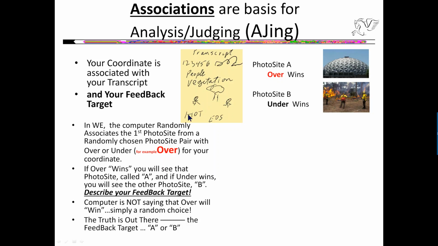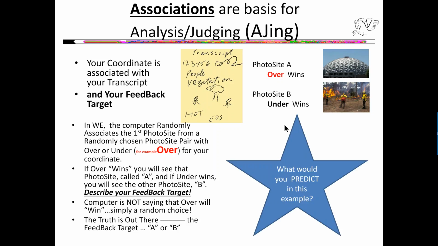I think you would agree this should be under. I like more information, but virtually everything here is pretty darn good. You would give this a high score. And so as a judge, it's clear, and I'm putting words in your mouth, but don't you agree this would be photo site B? Yes. So as a judge, you would then predict under, and that would go out to the group.